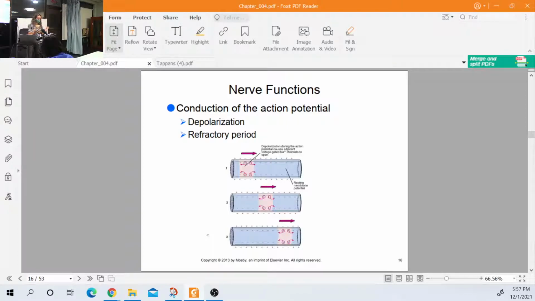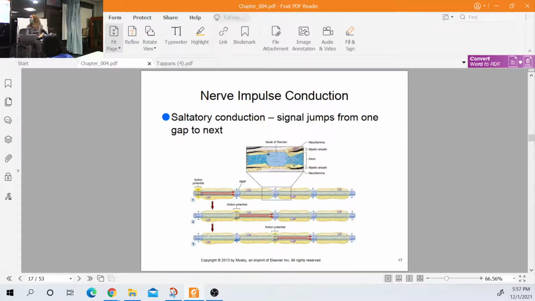So it's kind of like a wave, a lightning fast wave. That's why they refer to it like electricity. Shoo. When it's working right. Okay, along this pathway, there are gaps between each node, called the nodes of Ranvier. Those are gaps in that myelin sheath or insulation.